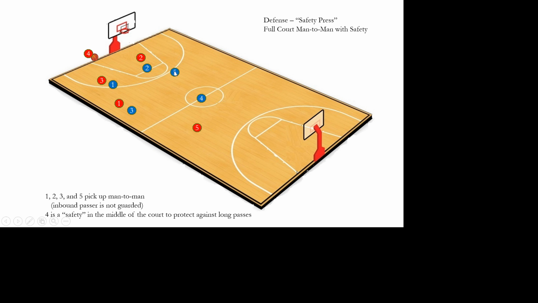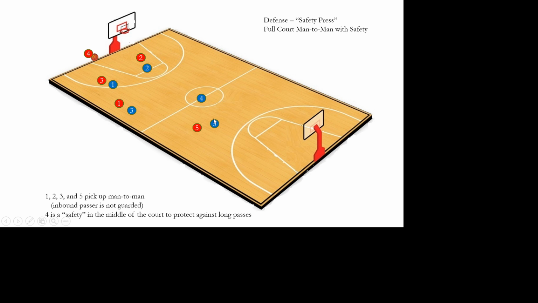Now, hopefully 5 recognizes that his man has gone long down the court here. If he doesn't pick him up in time, it's 4's responsibility to pick him up and guard him until 5 can come and pick him up, because we don't want this long pass to come over and get an easy layup down here. So 4 guards against anyone coming long.